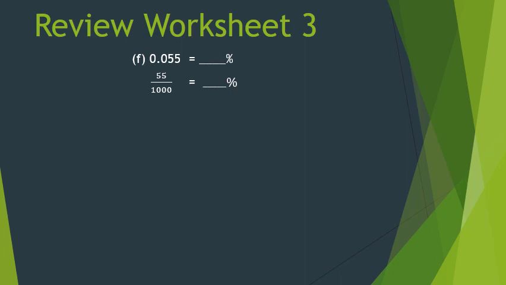And now 55 upon 1000 is equal to how much percentage? So what we will do? We will multiply it by 100. Now we can cancel the common 0s in 100 and 1000. So what is left? 55 upon 10, which is equal to 5.5%.